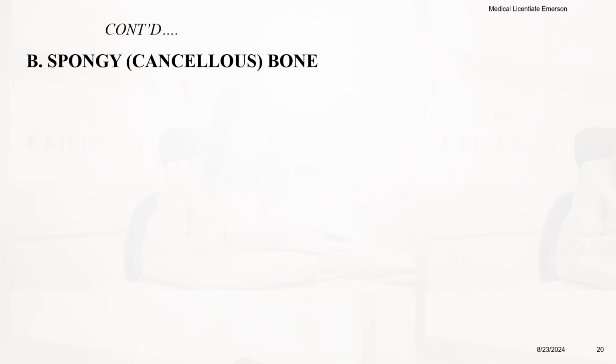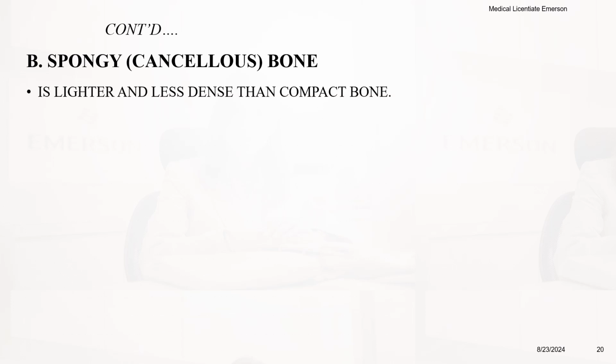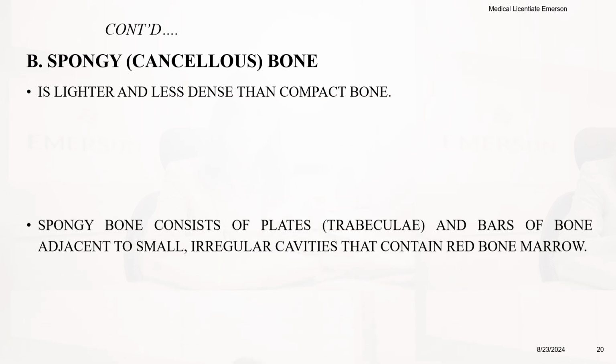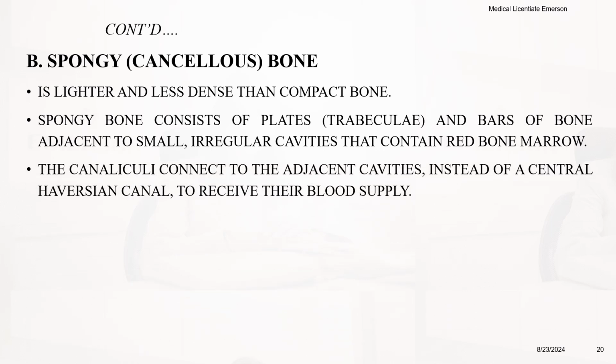Then the spongy bone, which is the cancellous bone, is lighter and less dense than compact bone. The spongy bone consists of plates, which are the trabeculae, and bars of bone adjacent to small irregular cavities that contain red bone marrow. The canaliculi connect to the adjacent cavities instead of a central Haversian canal to receive their blood supply.